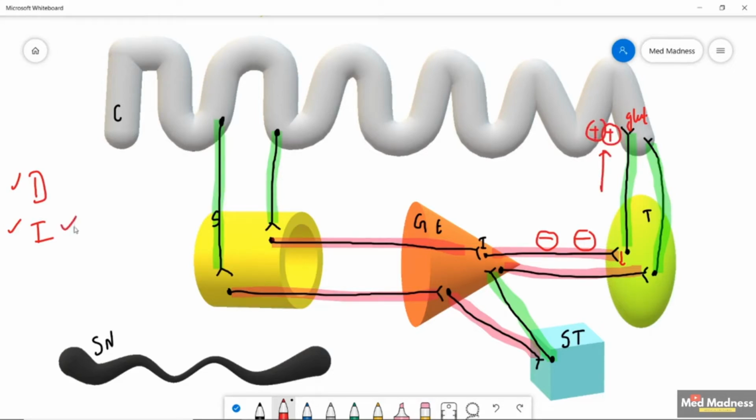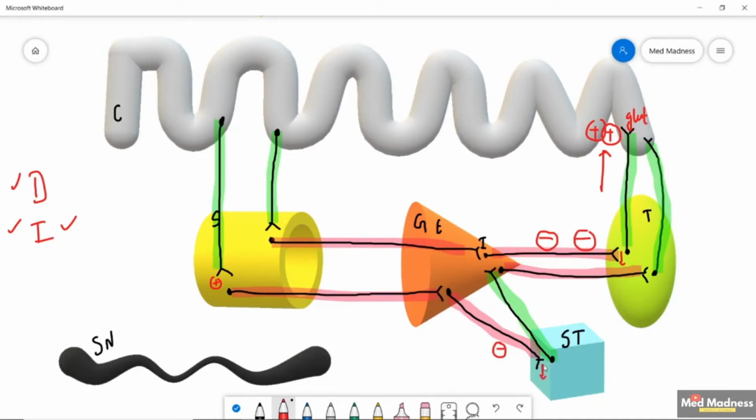And now what about the indirect pathway? This neuron releases glutamate here. It excites this neuron. This releases GABA here. So this neuron is inhibited. So there is decreased secretion of GABA here.